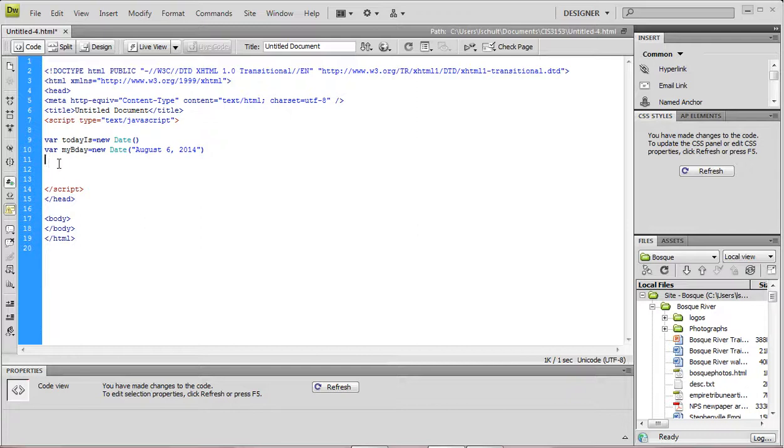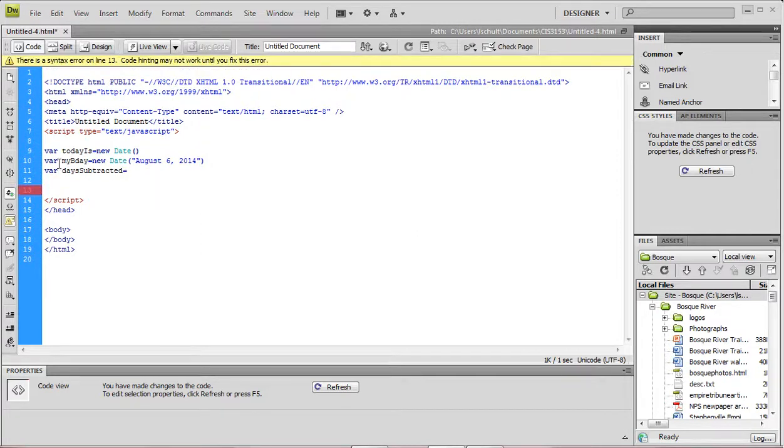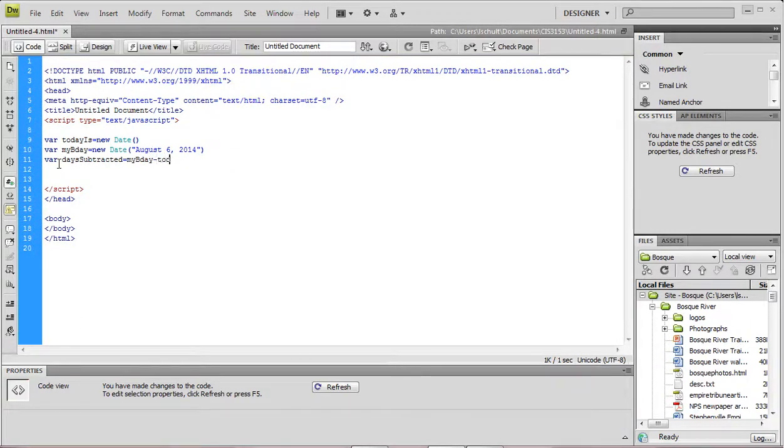So we're going to go ahead and var the days subtracted, and we're going to subtract these. My B day minus today is. Now we're not going to get the time like we did on the last one. We're not going to calculate it down to the seconds, we're just going to do days again, and I was just showing you how to do that before, so we don't need to dot getTime these if we don't want.